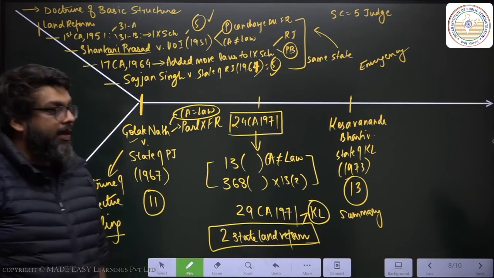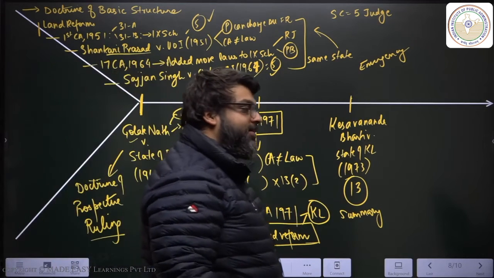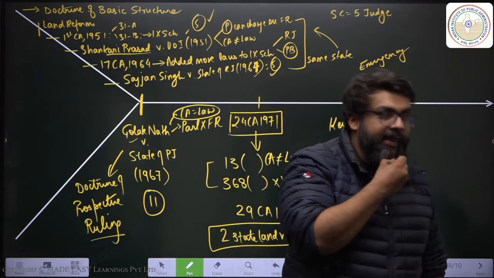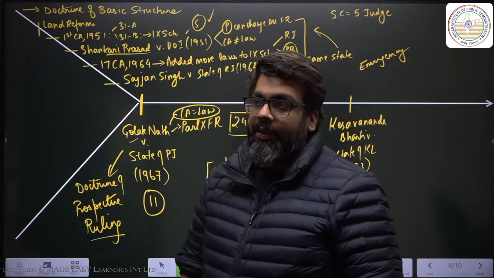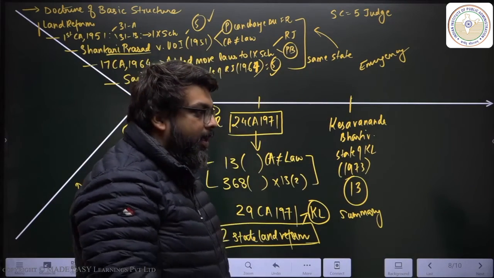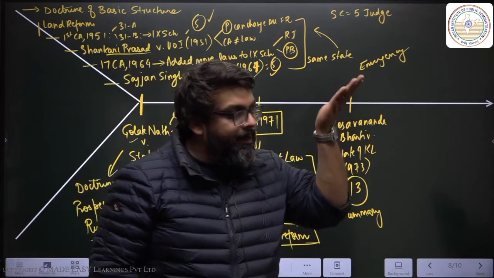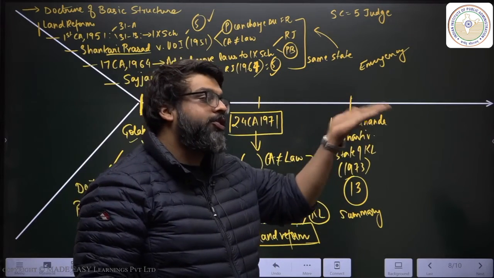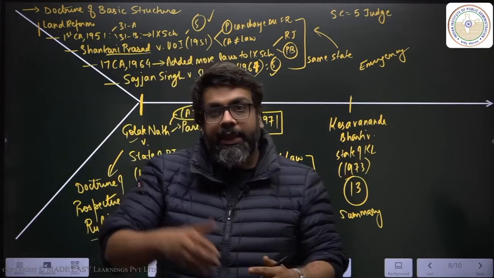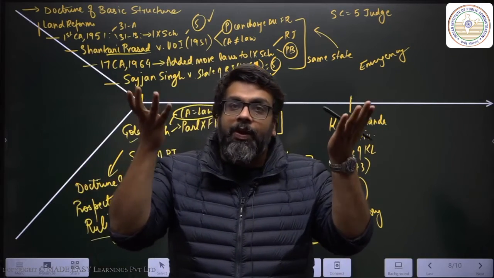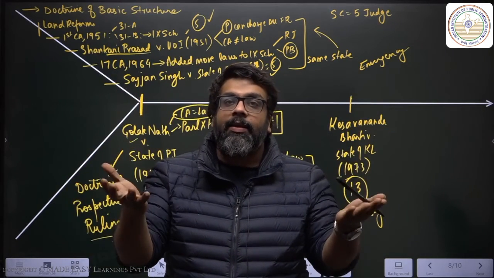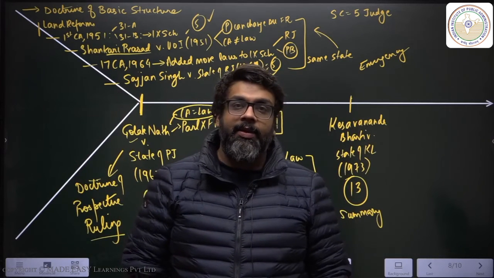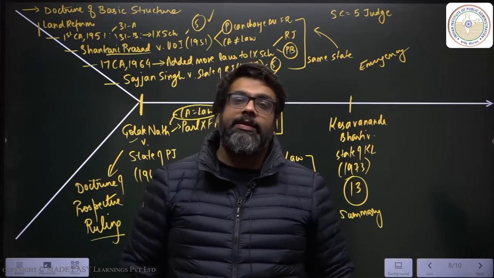And Nani Palkiwala argued the doctrine of basic structure. He told the Supreme Court, my lords, on one hand, we have to balance the flexibility, the evolution of the Constitution. And on the other hand, we have to protect the spine, the soul of the Constitution. And that can only happen with the doctrine of basic structure.